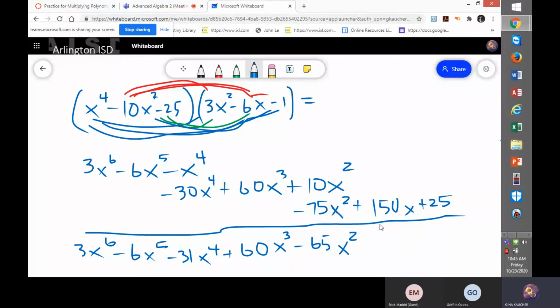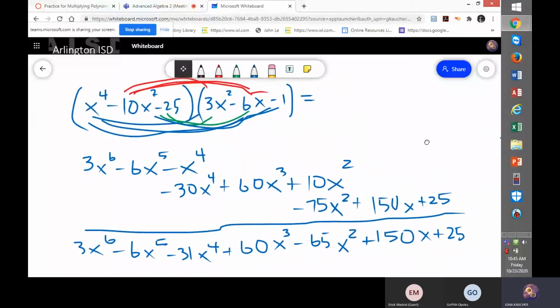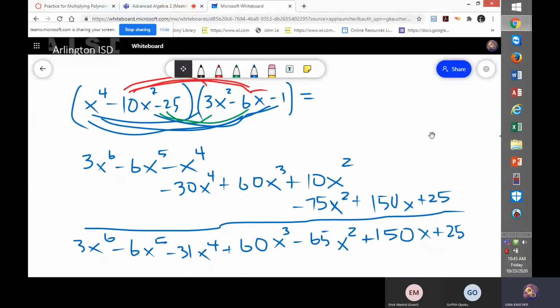Yeah, I think that's right. Maybe we did something wrong in the other one. That doesn't look familiar to me at all. And 150x and then plus 25. Let's see what we got last time. Did we get negative 65x squared? Oh, I guess I erased it. Oh well. Anyway, you're supposed to come out with the correct answer.